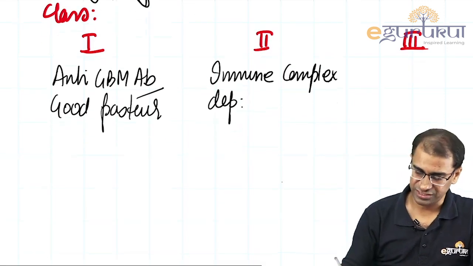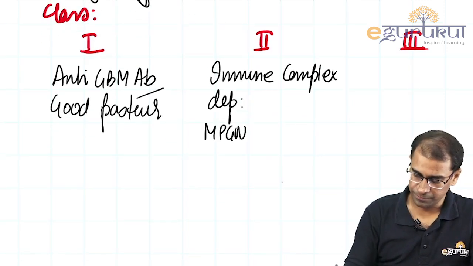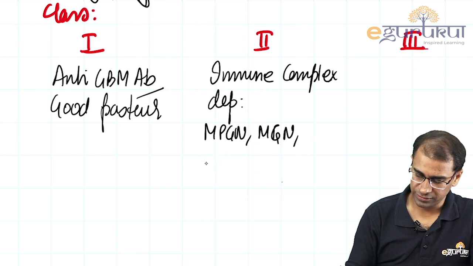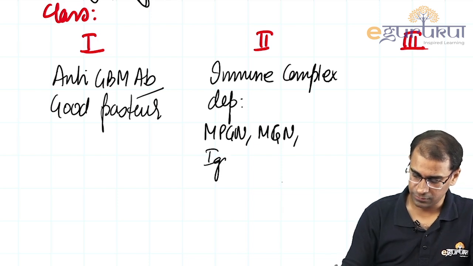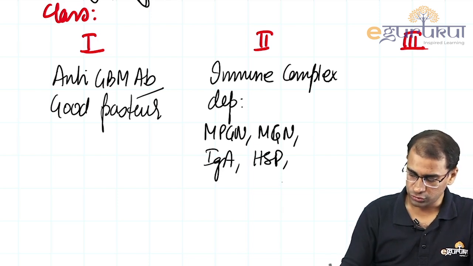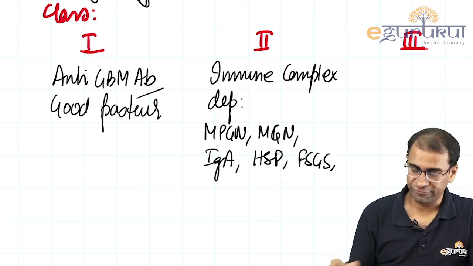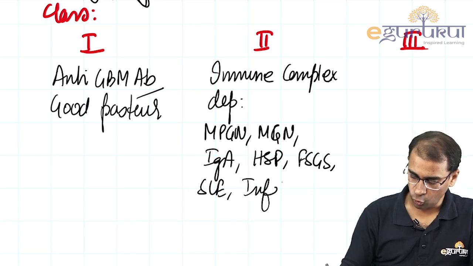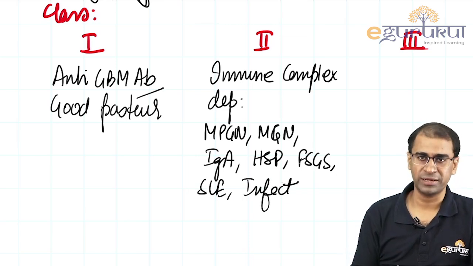These include various diseases like MPGN, MGN, IgA nephropathy, HSP (Henoch-Schönlein purpura), also FSGS. It can include SLE and infections. All of these include immune complex deposits.